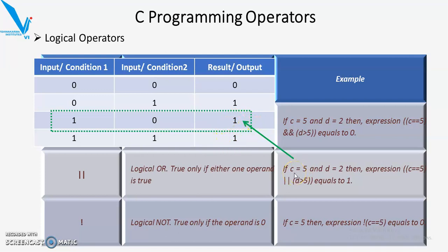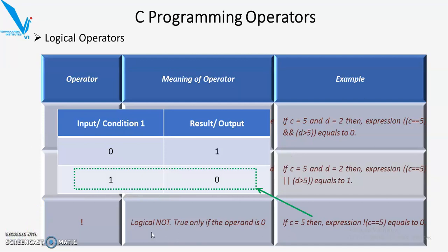With the same example, C is equal to 5 and D is equal to 2, the expression, that is condition 1, C equals 5 or D is greater than 5, produces the output 1, as the first condition is non-zero and the other condition is 0. That is, if any one of the conditions is true, it gives the output 1.